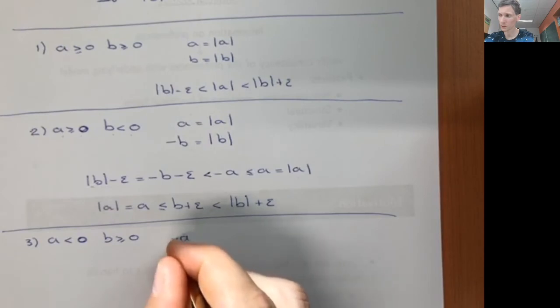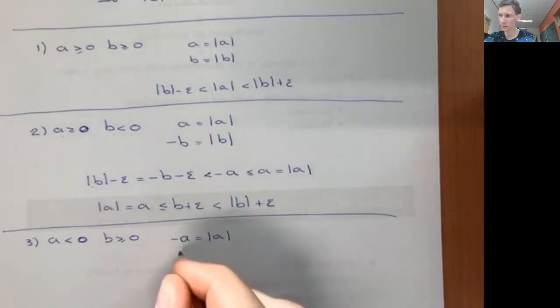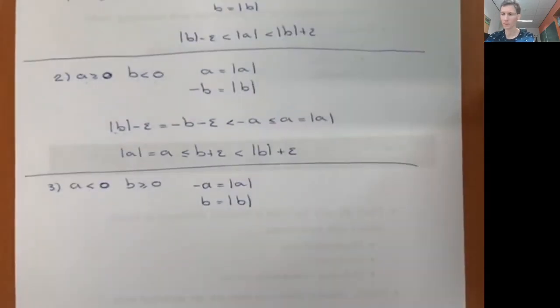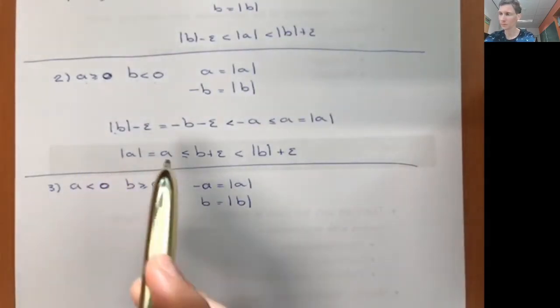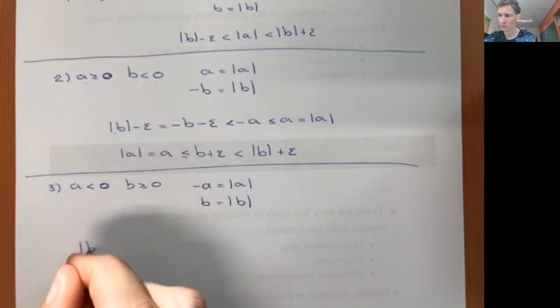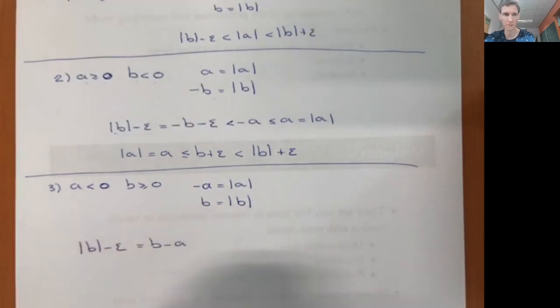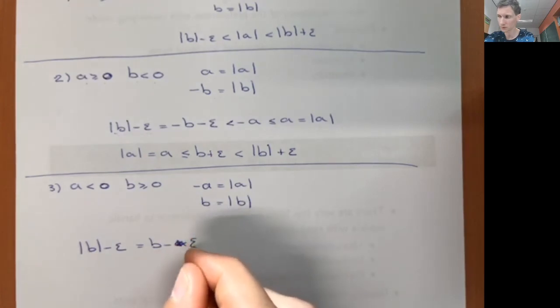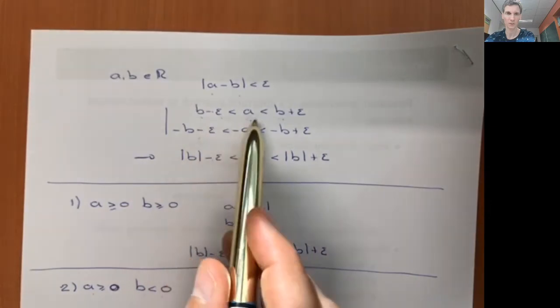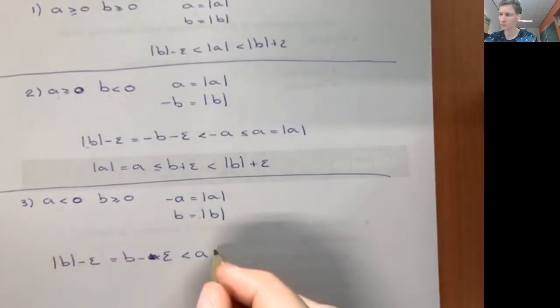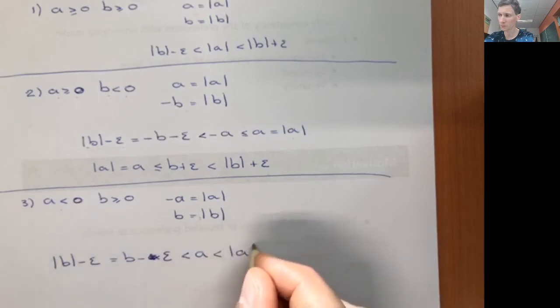So we have that minus a is equal to the absolute value of a, and b is equal to the absolute value of b. So let's start. You have that b minus epsilon is equal to b minus epsilon. This is the second one. And now we know that b minus epsilon is smaller than a. a is negative, so a is smaller than the absolute value of a.